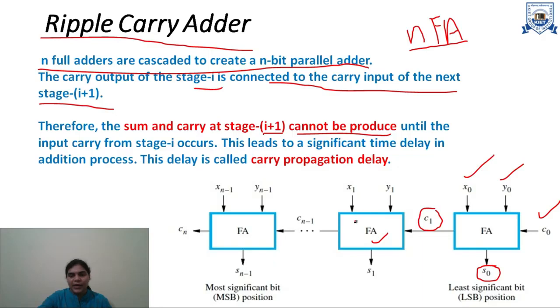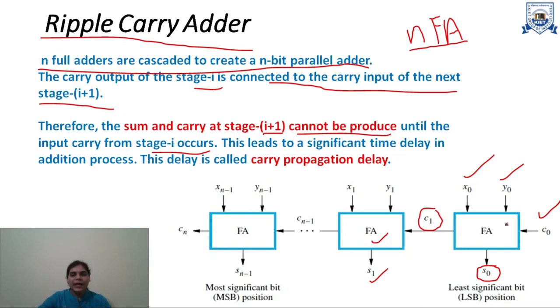Here, this full adder will not produce the valid sum until C1 comes to it. So it is making the statement that sum and carry at stage i plus 1 cannot be produced until the input carry from stage i occurs. Whenever it does not get the carry input from the previous stage, it will not produce valid sum and carry.